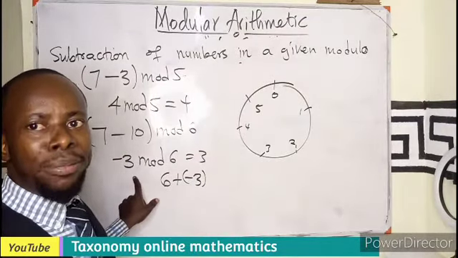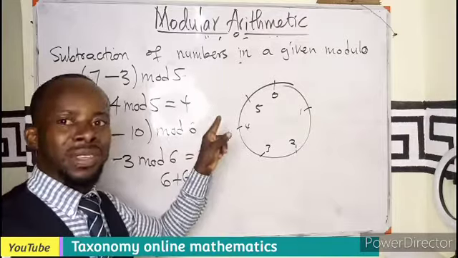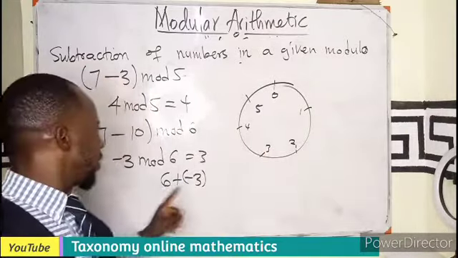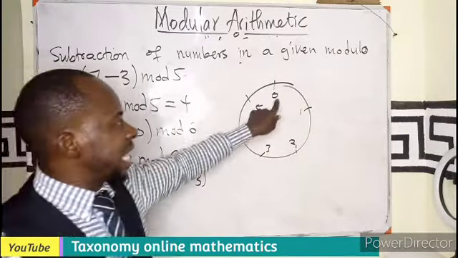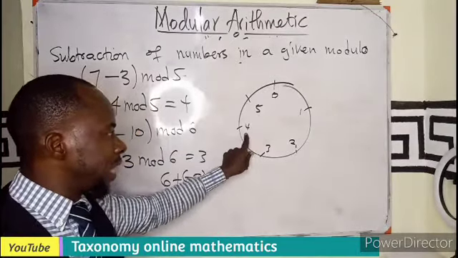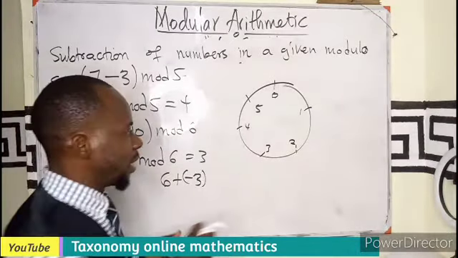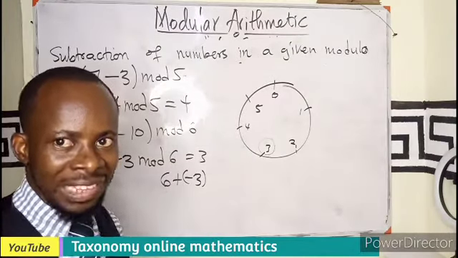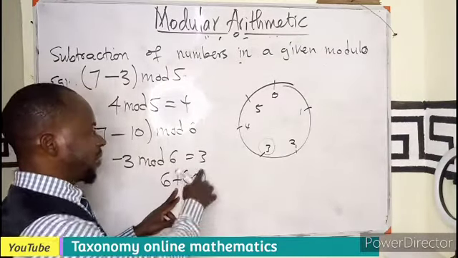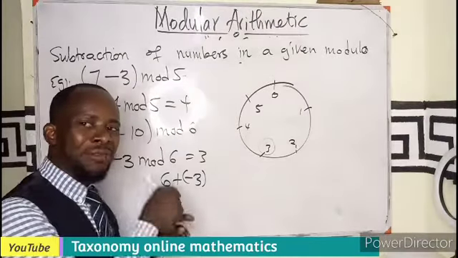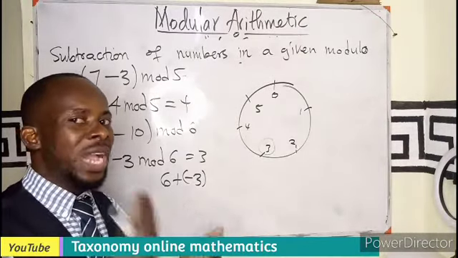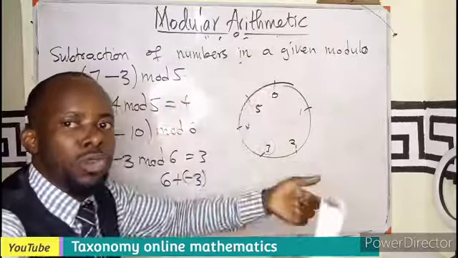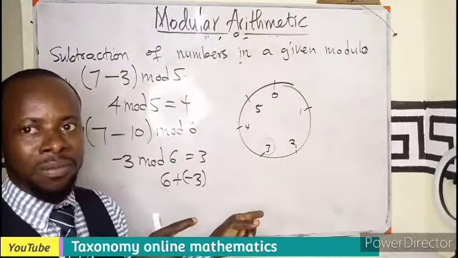We are moving 3 times anti-clockwise, not clockwise, because it is a negative number. So if I start from here, 1 step, 2 step, 3 step, I am here. So my answer is going to be positive 3. As I said earlier, we get the positive 3 because we are adding the negative to 6. If you get a negative answer, we continue adding until we get a positive.